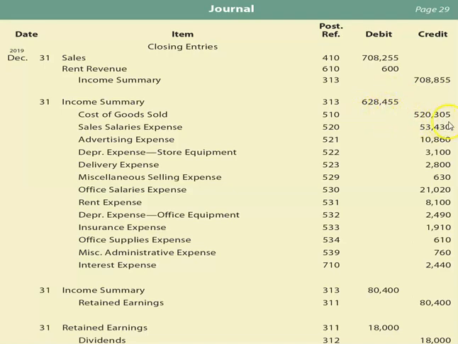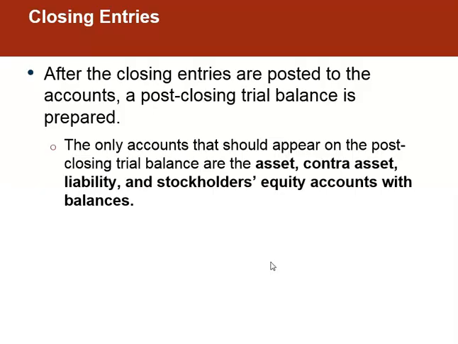Cost of goods sold makes up well over 80% of all of the expenses. Okay? But the closing process is virtually identical for a merchandiser. And again, we're going to prepare a post-closing trial balance after we make those closing entries.